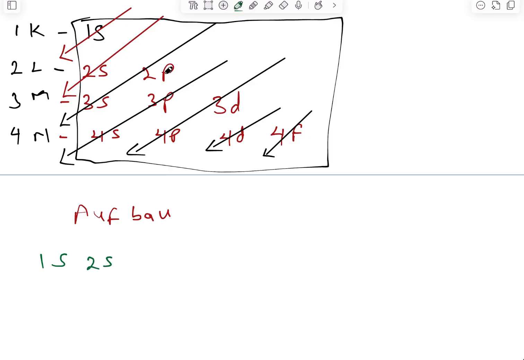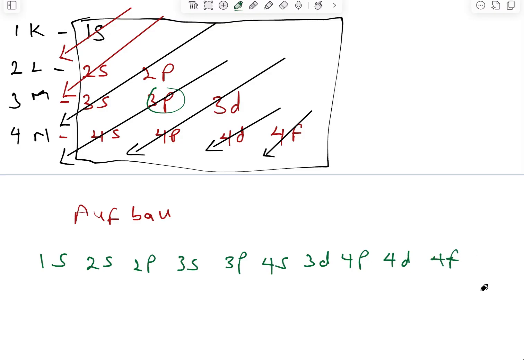Then the third diagonal, you start with 2p, followed by 3s. Then the fourth diagonal starts with 3p, then you go to 4s. Then the fifth diagonal, you have 3d, then you go to 4p. Then the next diagonal is where you have 4d and 4f.